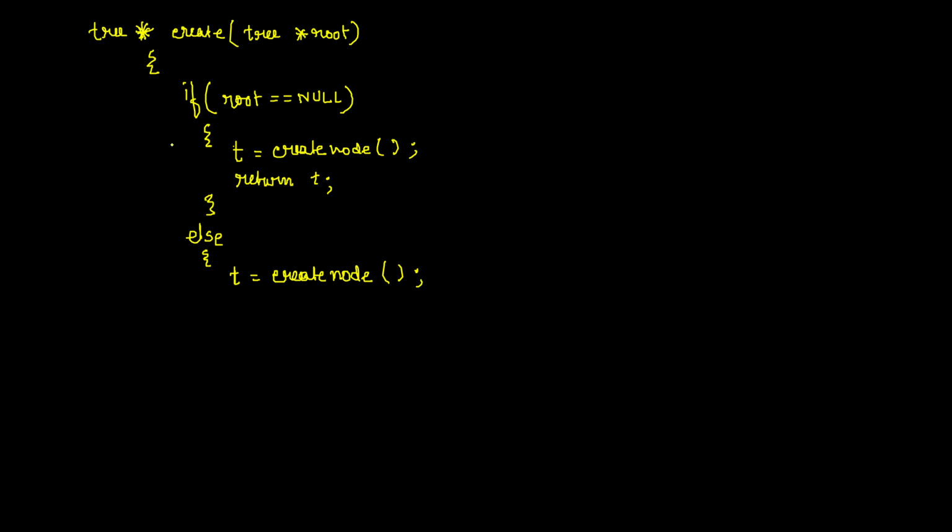So you can keep it before the if, so that when the create function gets called, a node is created, and then either the node gets returned for the first time, or something more has to happen from the second time onwards. Anyway, now after creating this node, my intention is to put this node properly in the tree.